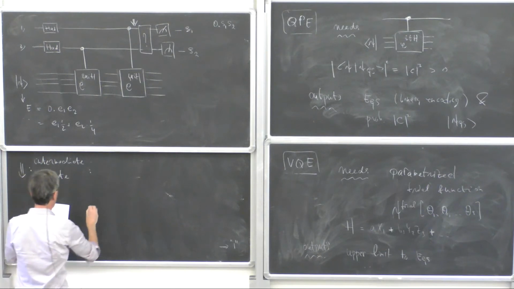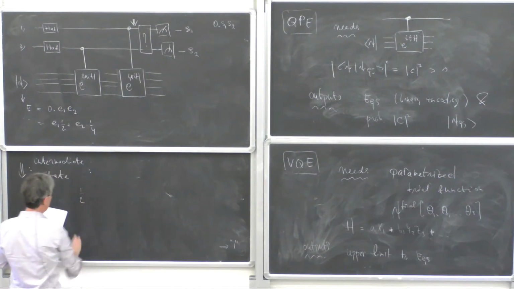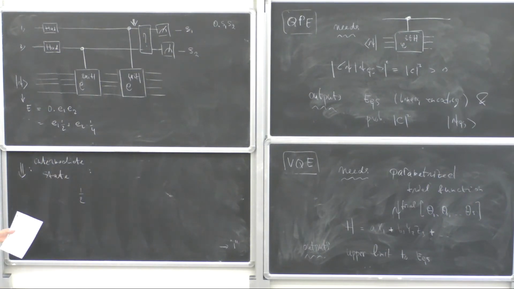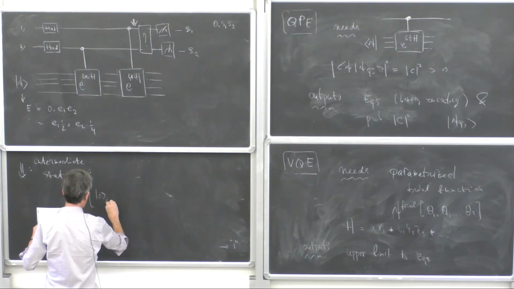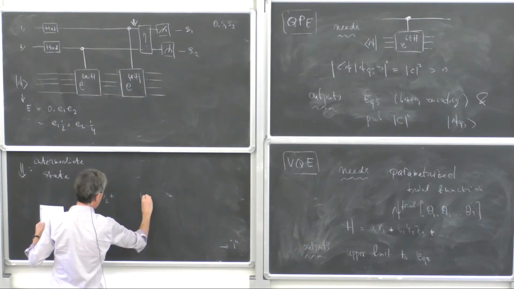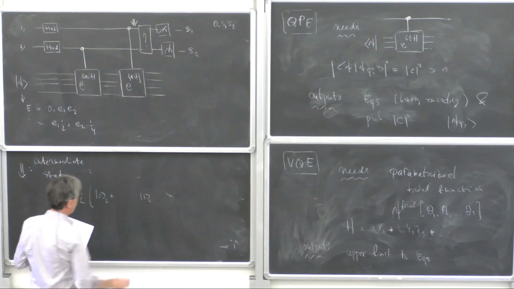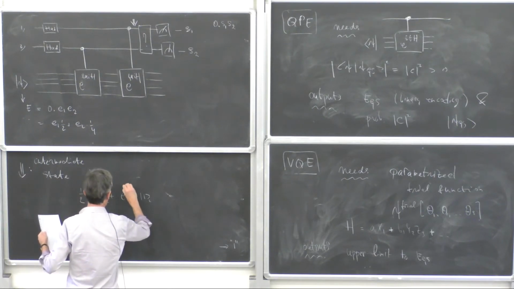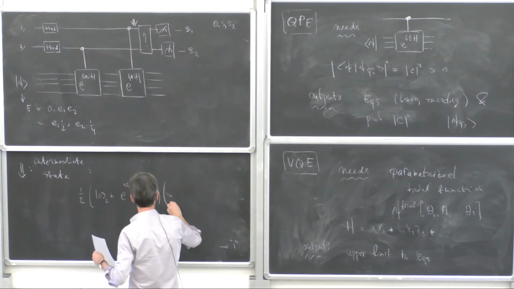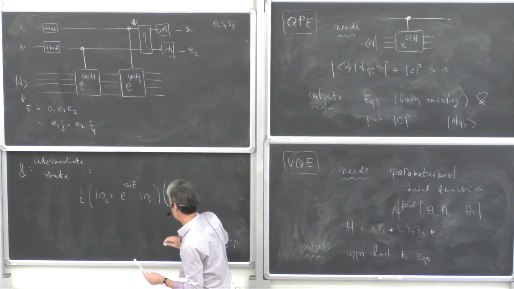It looks like this. So I have a 1/2 because 2 Hadamards give me 1/√2 factors. The second qubit, the following happens. So it's the |0⟩ plus the |1⟩. But if it's the |1⟩, I controlled an action on the bottom stuff, and that gives me e to the 2πi times E. The first qubit, so this is like tensor product notation.